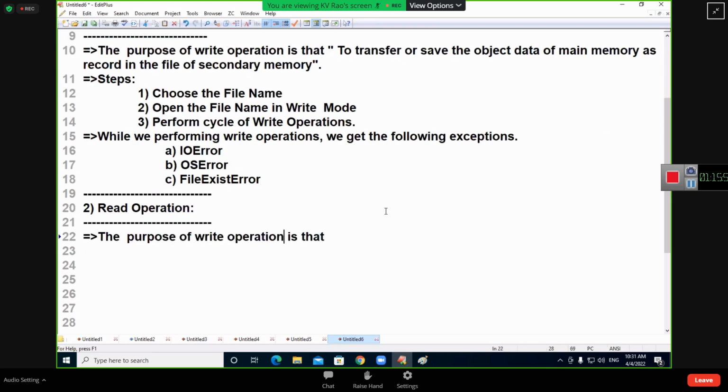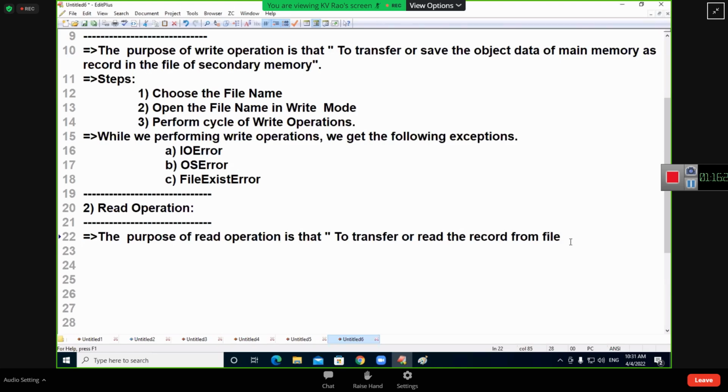The purpose of read operation is to transfer or read the record from where?